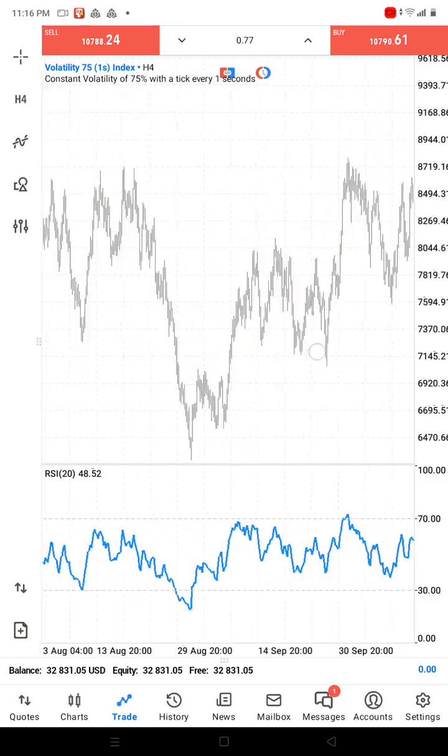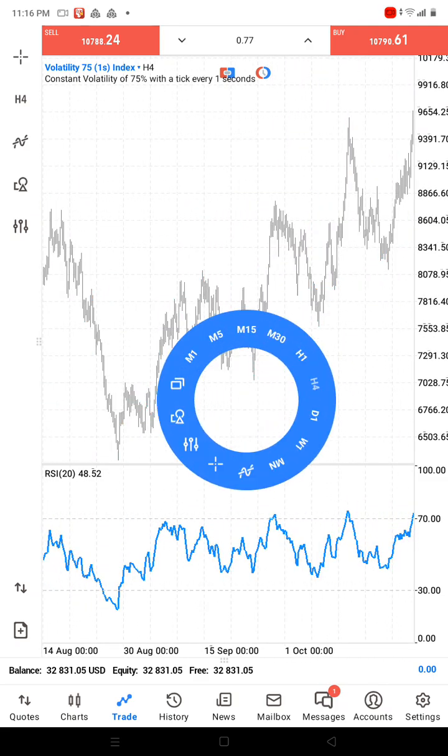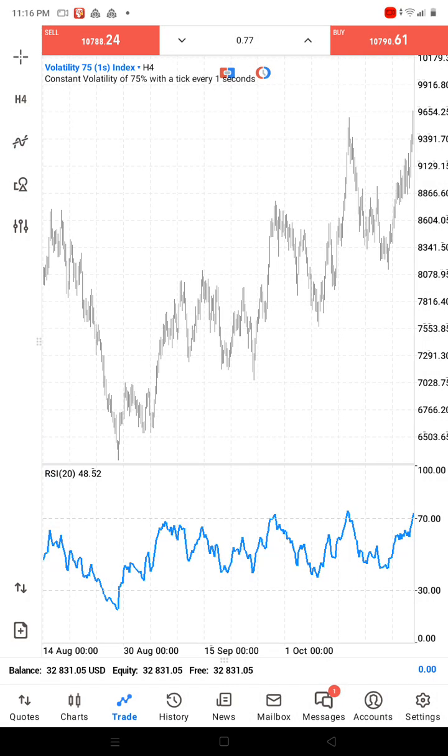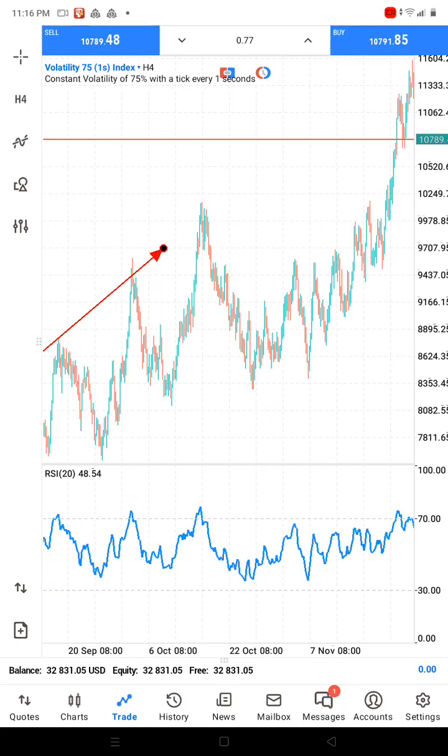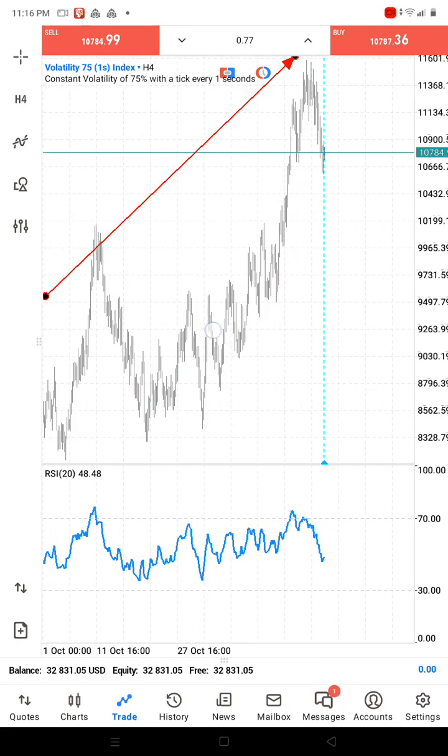So in understanding the uptrend, what I did notice was if I was to connect all these highs, then approximately I was going to get something that's close to touching this new high that we made.